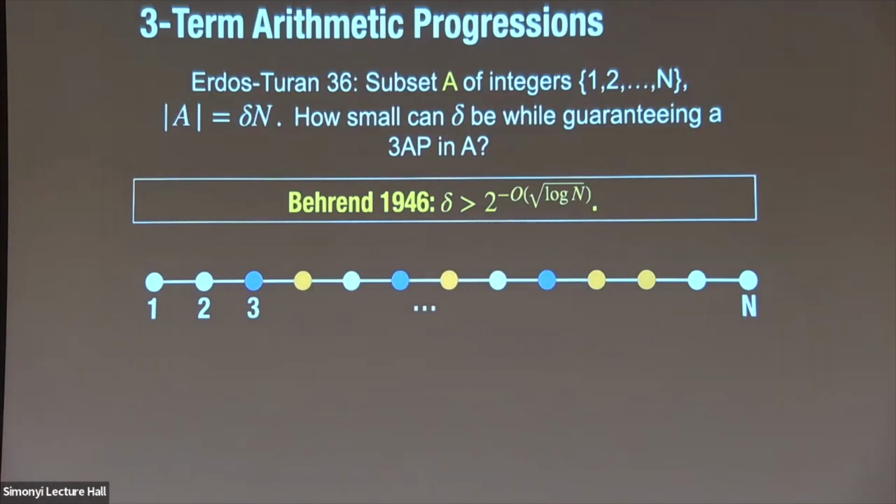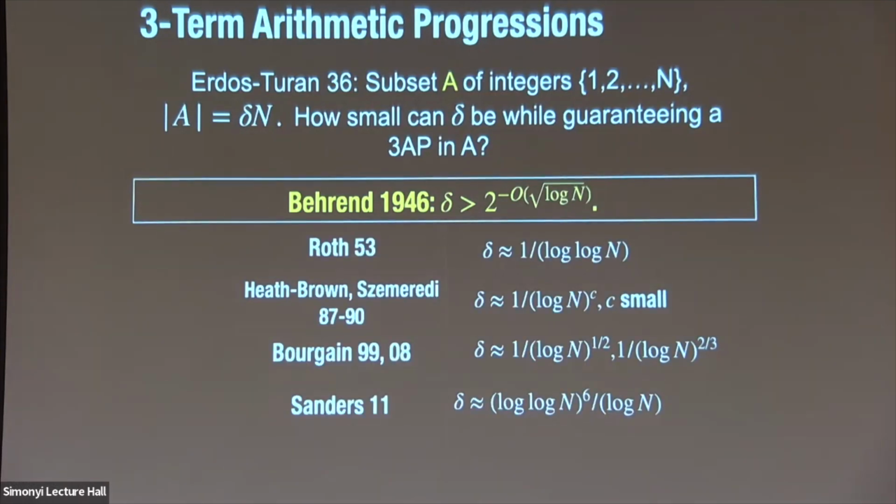And what do we know in terms of positive results? There's actually been a lot of work, starting with the seminal work of Roth from 1953, who essentially showed that delta roughly 1 over log n suffices. As long as you have at least a 1 over log n fraction of the total number of integers, you must contain 3 numbers in arithmetic progression. This was exponentially improved by Heath-Brown and Szemerédi to some small exponent of 1 over log n.